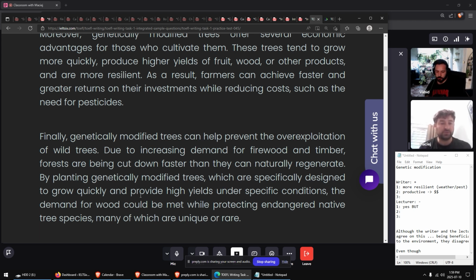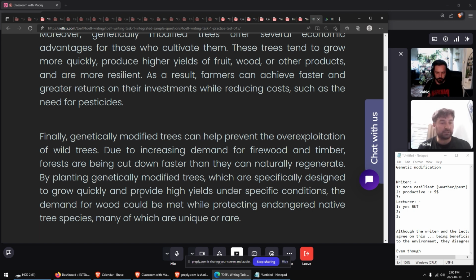Due to increasing demand for firewood and timber, forests are being cut down faster than they can naturally regenerate. Regenerate means come back or grow back.